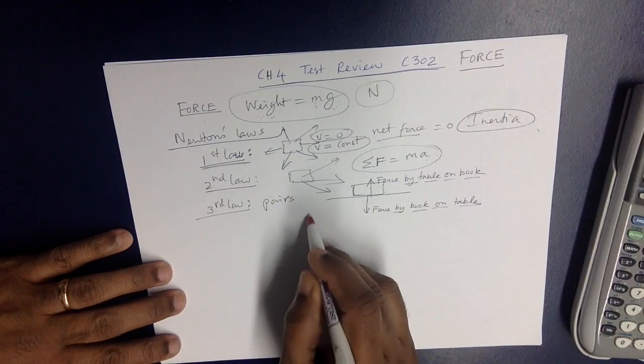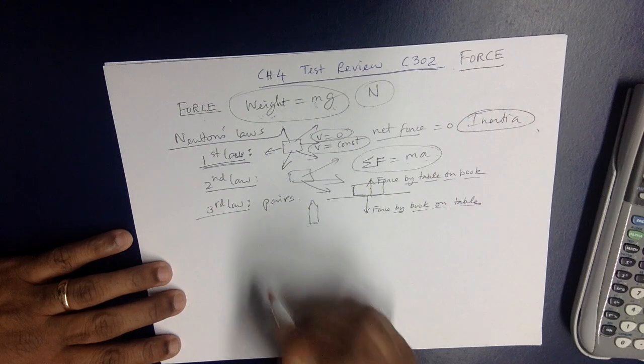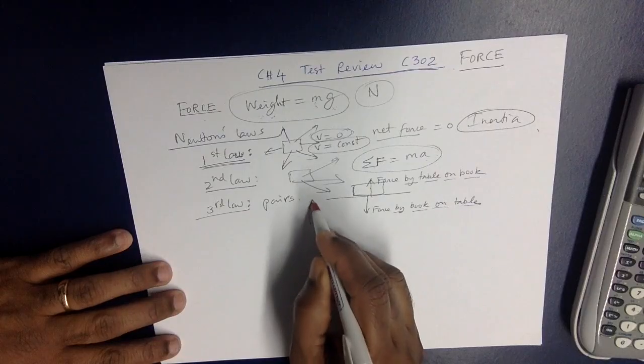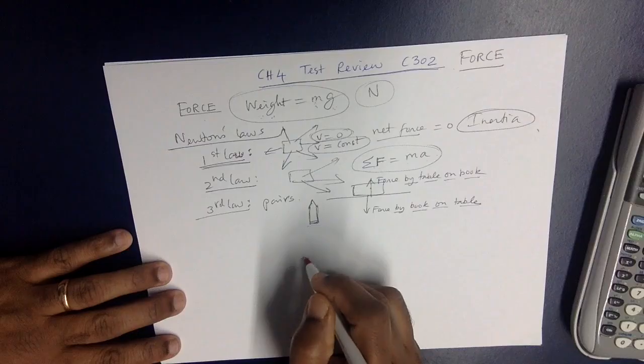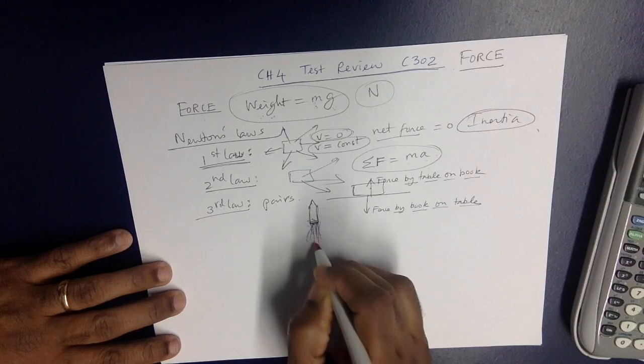Now, how does a rocket move upward? The movement upward is produced by the exhaust gases. So it burns the gases and then it pushes them down.